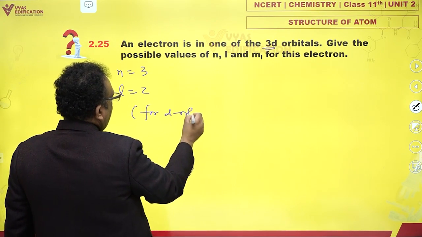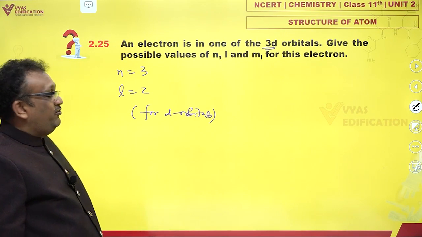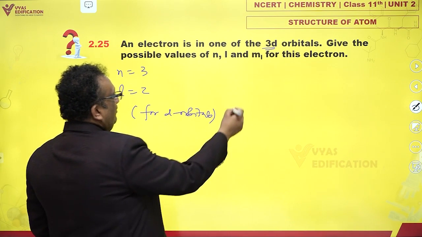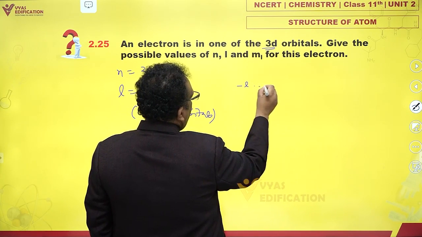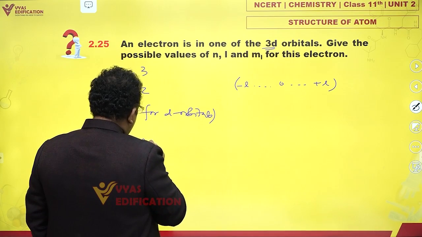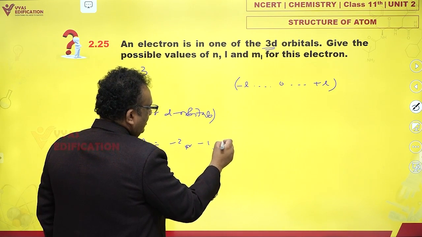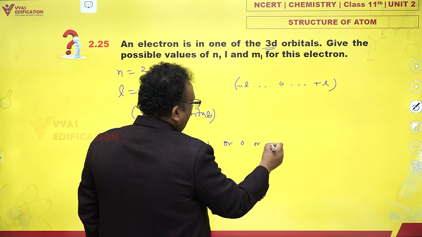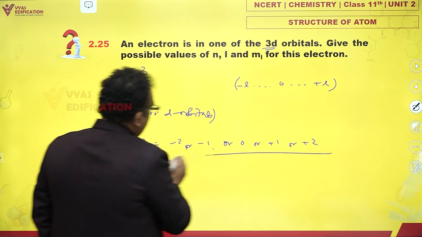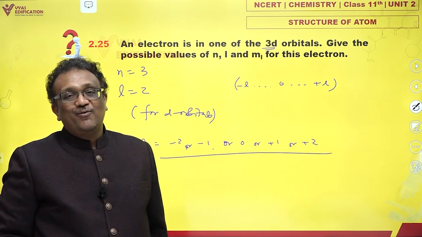And possible values of ml can be minus l to 0 to plus l. That means ml can be minus 2, minus 1, 0, plus 1, plus 2. There are 5 possible values of ml, or magnetic quantum number.